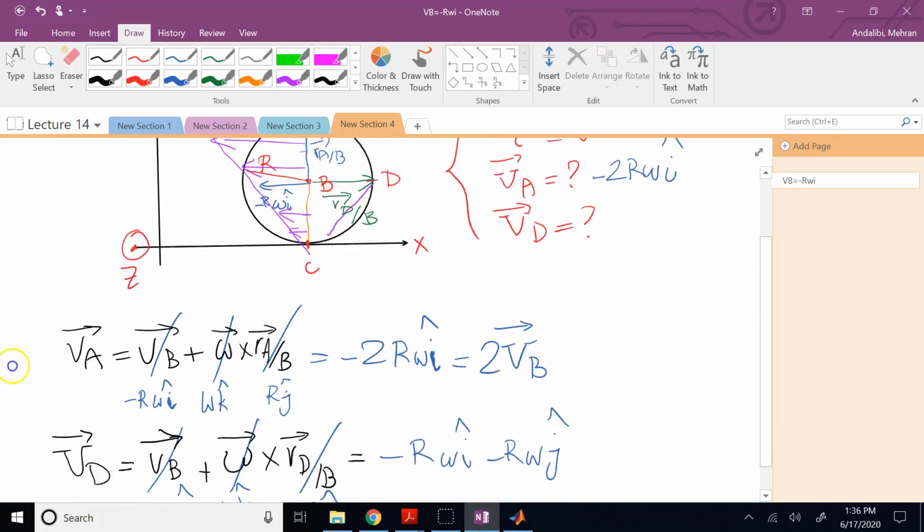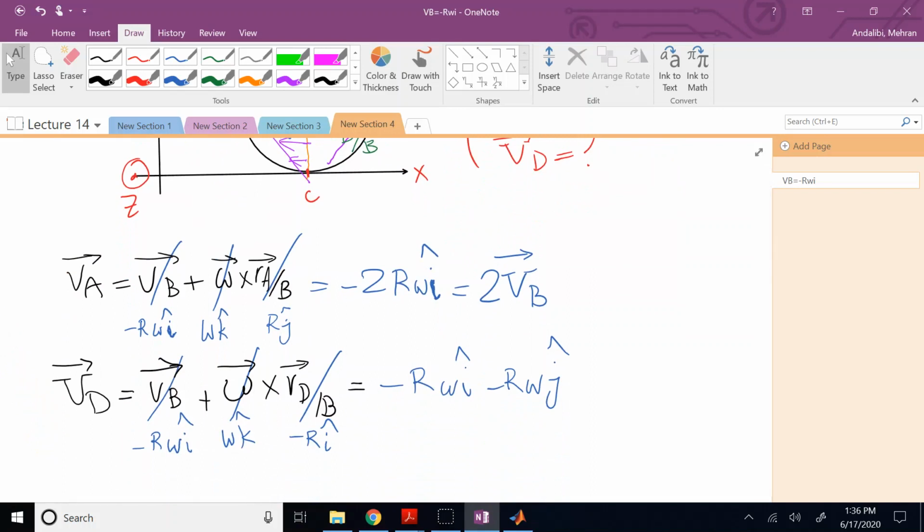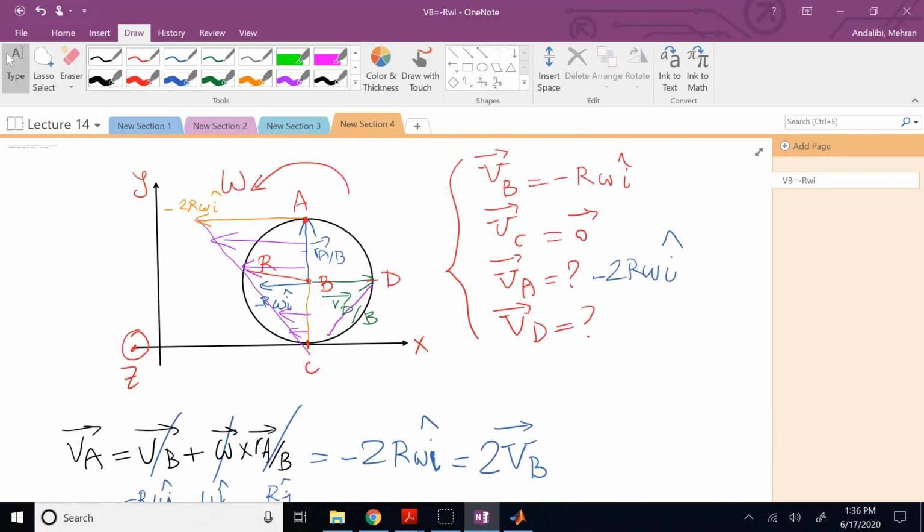Let's just make sure I'm not making a mistake. It's k cross i, right? Yeah, it is negative j, and with the negative sign it's going to be positive j. Yeah, I made a mistake. This is positive j. So the velocity of d will look like this.